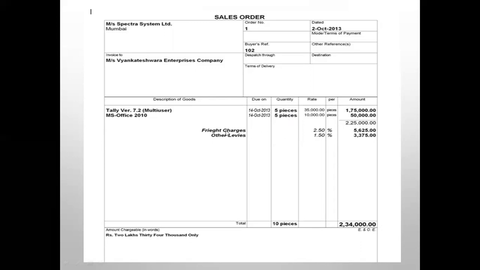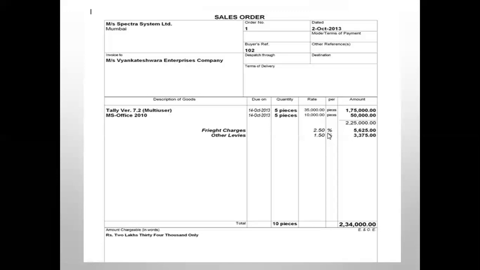See here, two charges are extra, the freight charges and other levies. If you mention the percentages, these will be calculated on this amount, specified here, and added to the grand total. So just specify the percentages here.